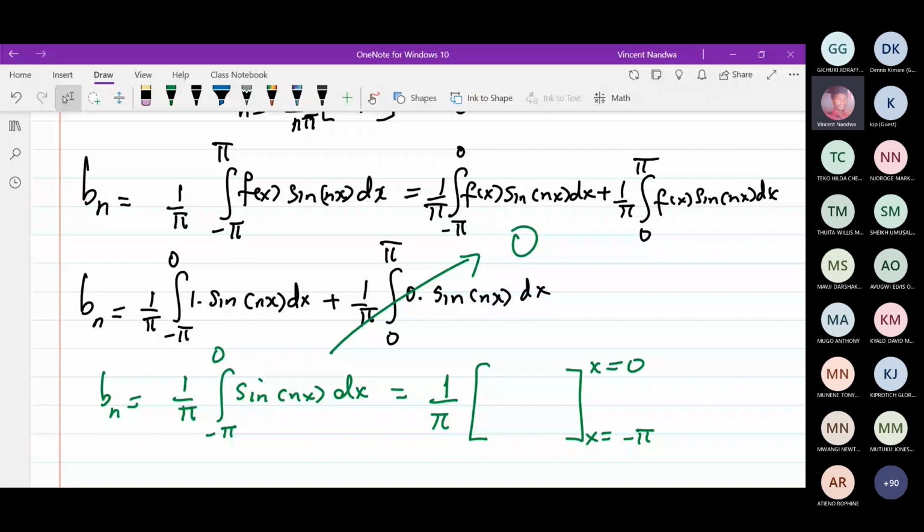So I can write n, and then I write negative, and then I write cos of nx. Hope that makes sense.